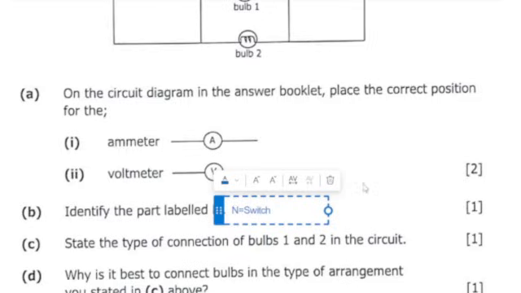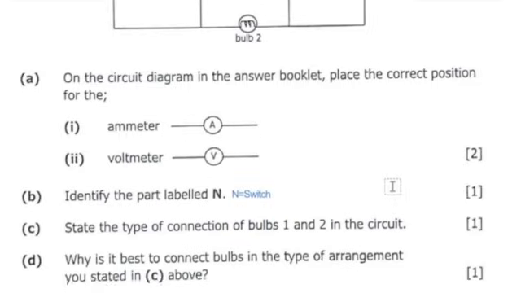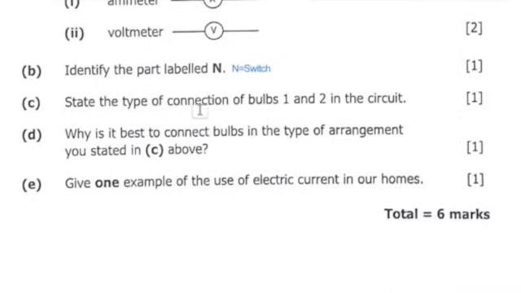Okay, that is switch. All right, then we come to state the type of connection of bulbs 1 and 2. Bulbs 1 and 2 are connected in parallel, so we say that is parallel. The connection type is parallel.